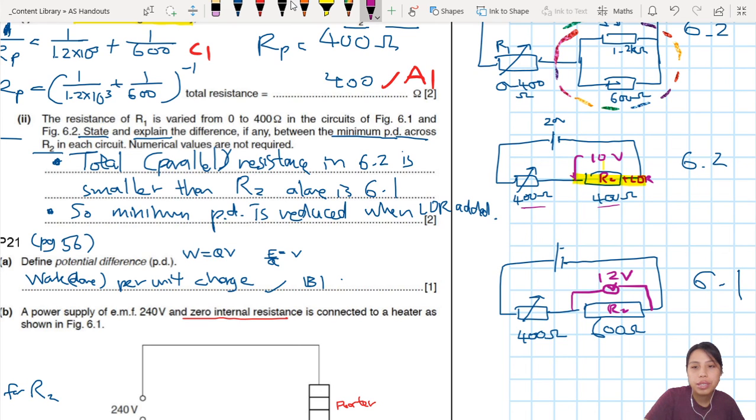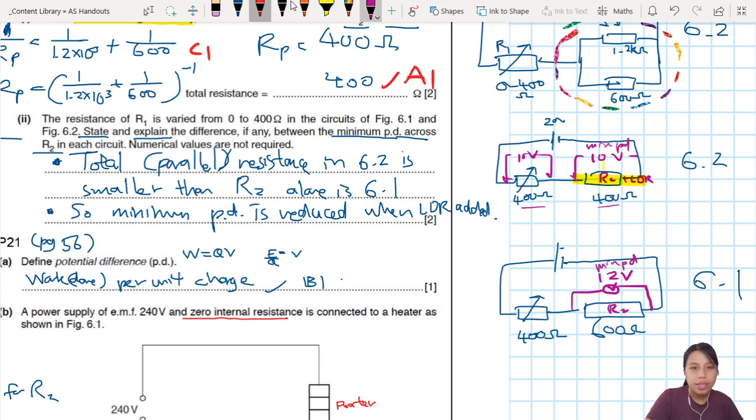So 10 volts here, and then this side will also have 10 volts. They have the same resistance, so they share the potential difference equally. So the minimum potential difference dropped from 12 to 10 when you add the LDR. So that's how you can talk about it.